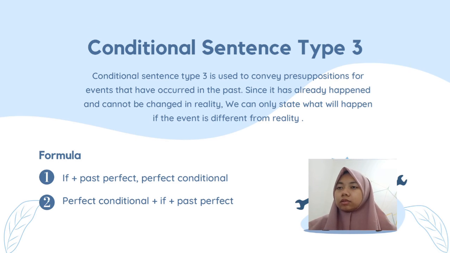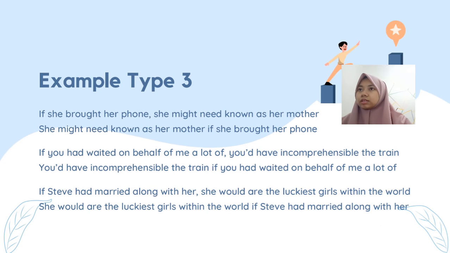And the formula itself: if plus past perfect, perfect conditional; or perfect conditional plus if plus past perfect. So for the example of type 3: if she had bought her phone, she might have needed to know her mother. She might have needed to know her mother if she had bought her phone.